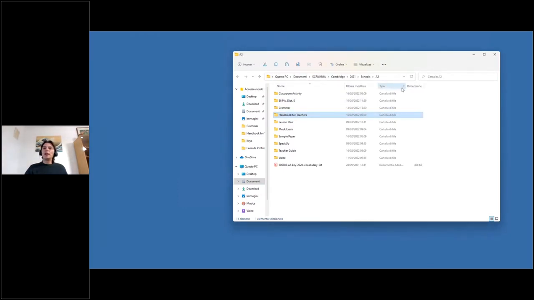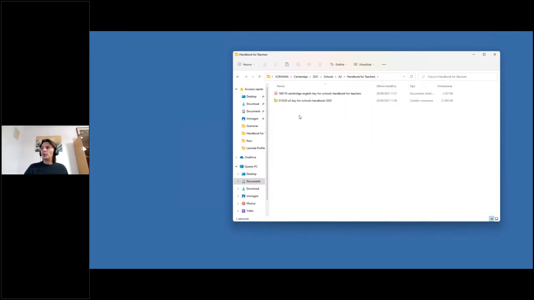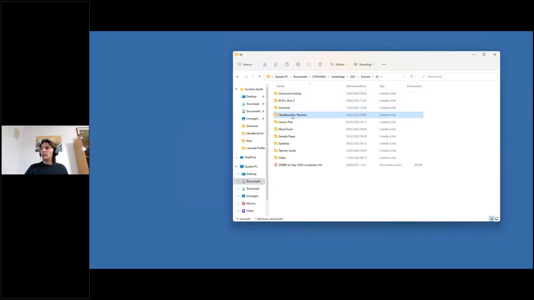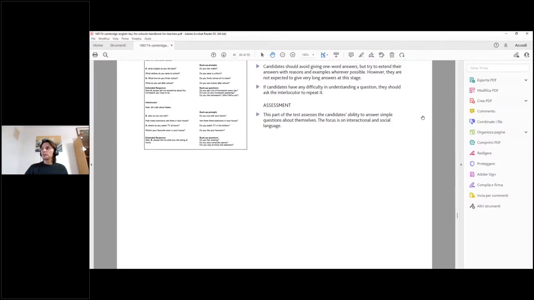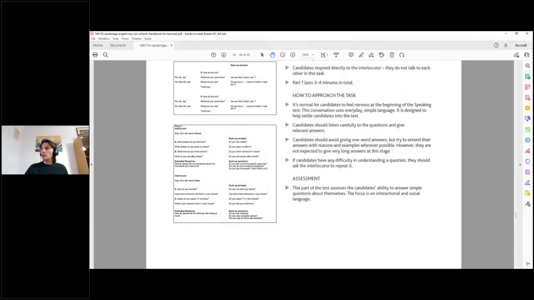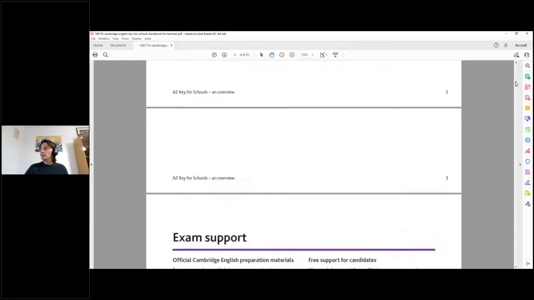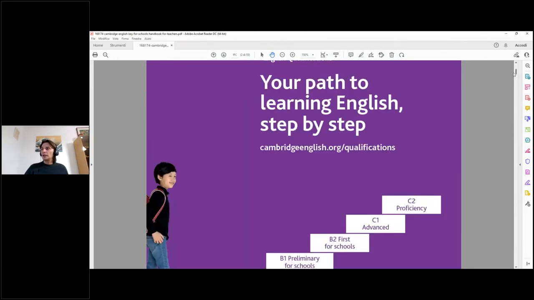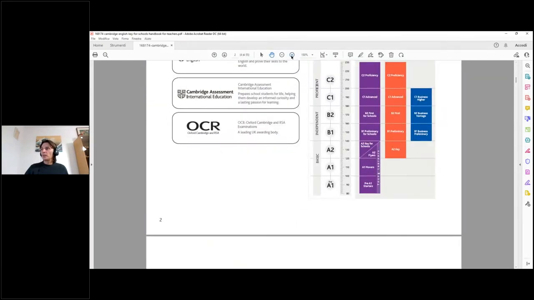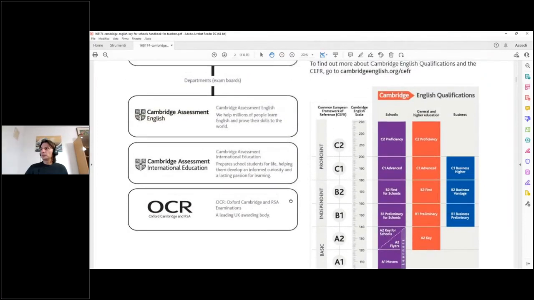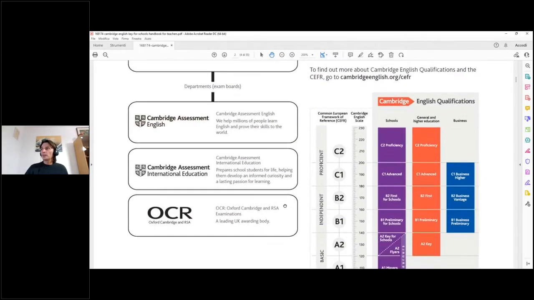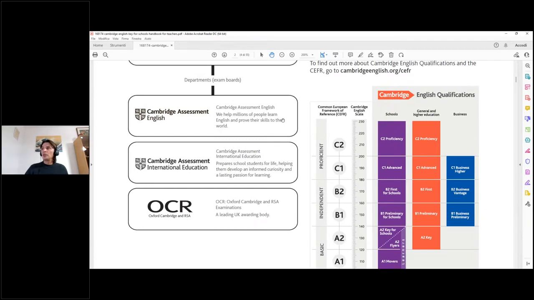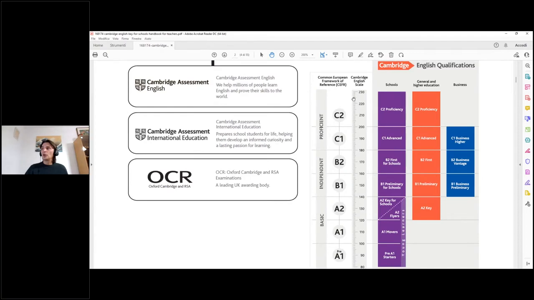So remember, you can get 25 points from the speaking test. So if we go back and look at the handbook for teachers, okay, and we look again at this chart right here, yes, the English qualifications, the Common European Framework of Reference, CEFR.